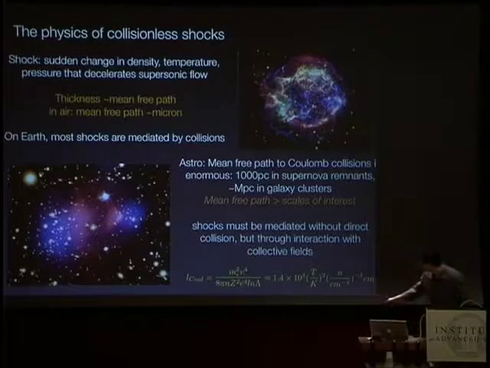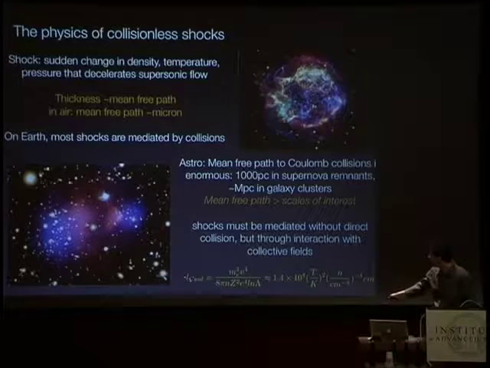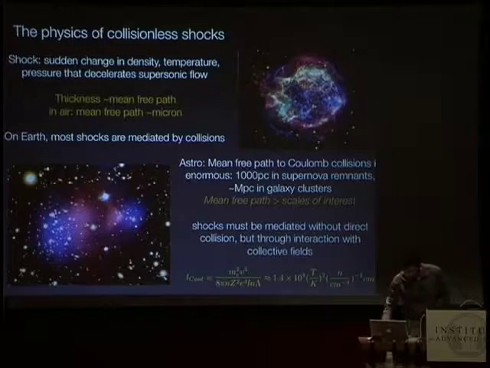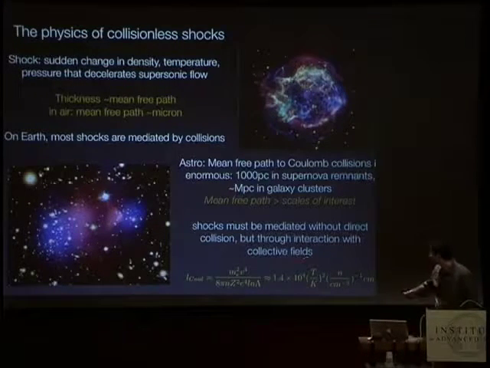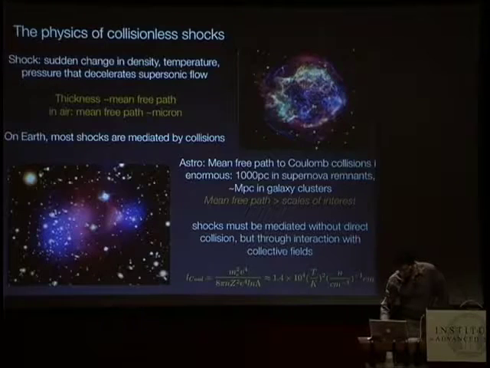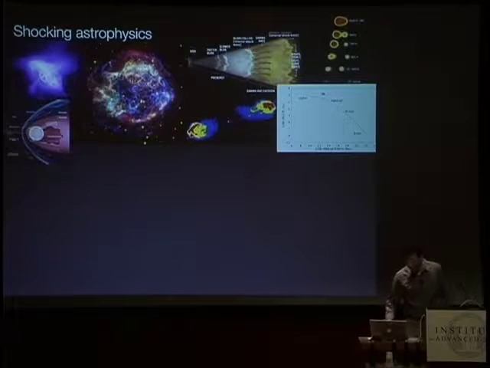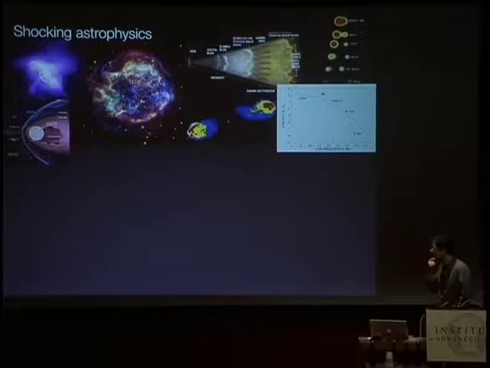So this is the typical scale of the Coulomb interaction. It scales with temperature and is inversely proportional to the density. And this number is fairly large in most astrophysical scenarios. So these collisionless shocks appear in many environments, ranging from the solar wind to supernova remnants to pulsar wind nebulae, which are the relativistic winds inflated by pulsars inside of supernova remnants.